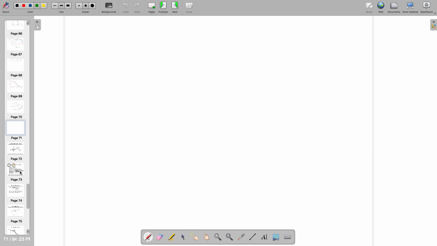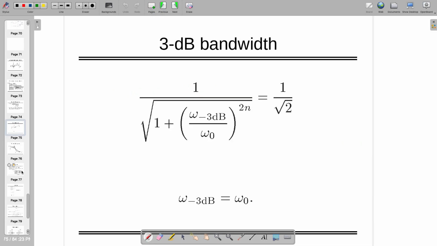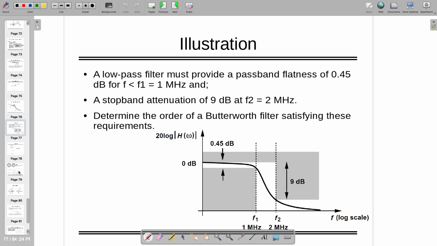Now, before moving to all such things, let's have one question. There is an illustration where you have to design a low pass filter that must provide a passband flatness of 0.45 decibel for f less than f1, and for frequencies higher than that you are going to have attenuation of 9 dB, which has been kept pictorially here, right?